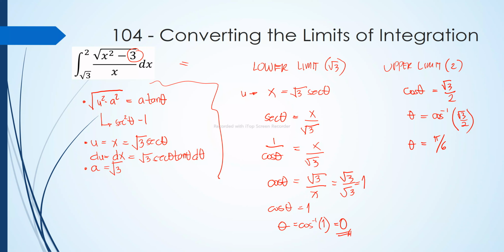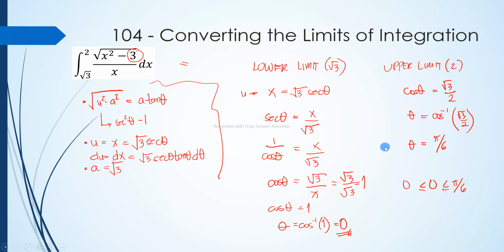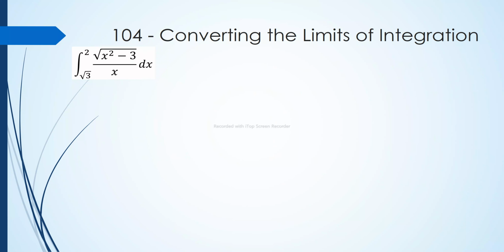Next, after converting, we have the lower limit 0 and upper limit na pi over 6. Okay, let's continue. So, again, our theta is greater than or equal to 0, but less than or equal to pi over 6.